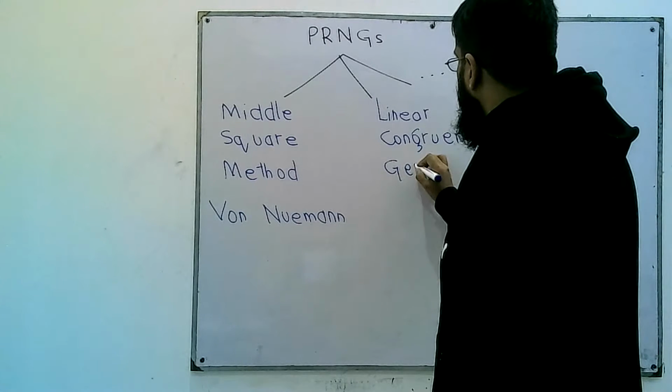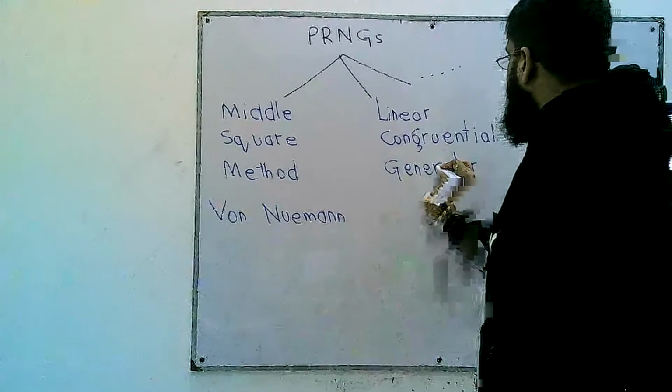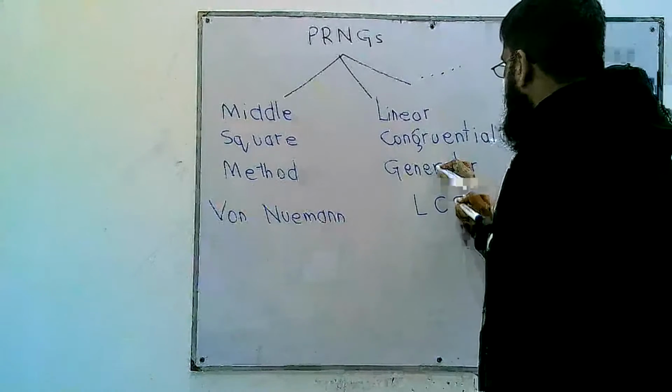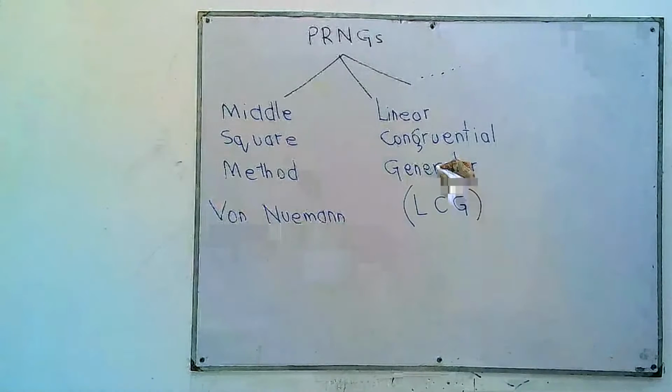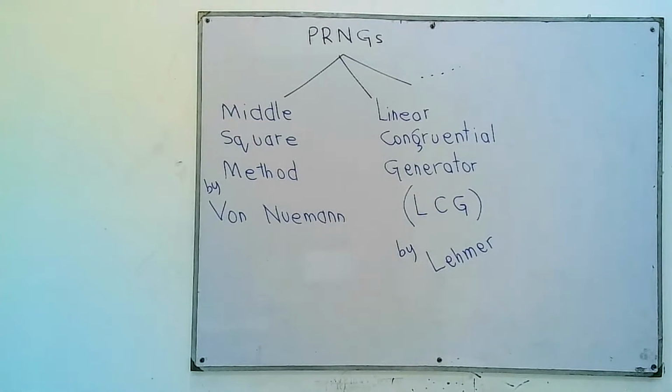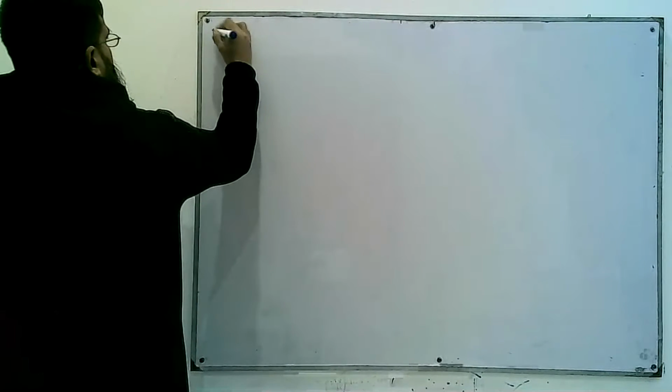Linear congruential generator, LCG. Lehmer. ठीक हो गया. तो 70 years ago, von Neumann told that there is a way we can generate random numbers: von Neumann middle square method.